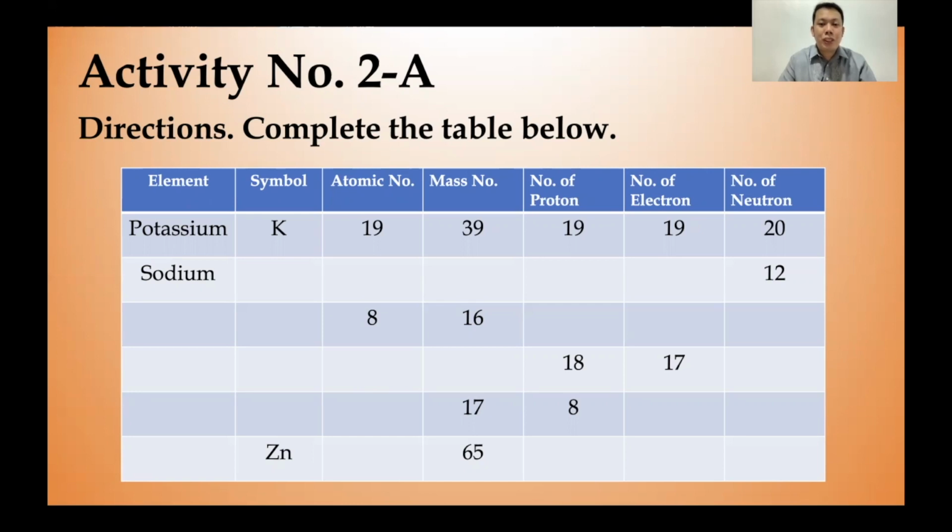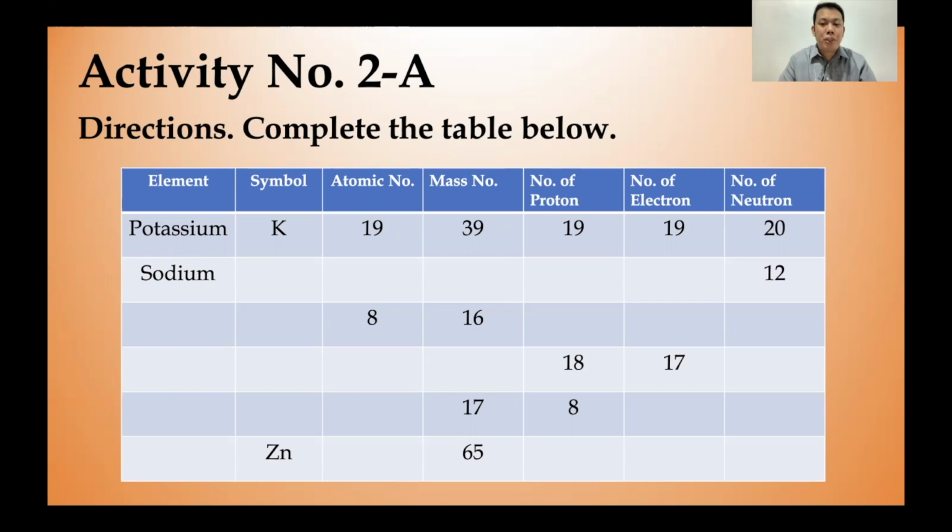Now, in the ground state of a certain element, for example, potassium, protons are equal to the number of electrons. So if protons are 19, then electrons are also 19. Now, it is said that the mass number is the number of protons and neutrons.